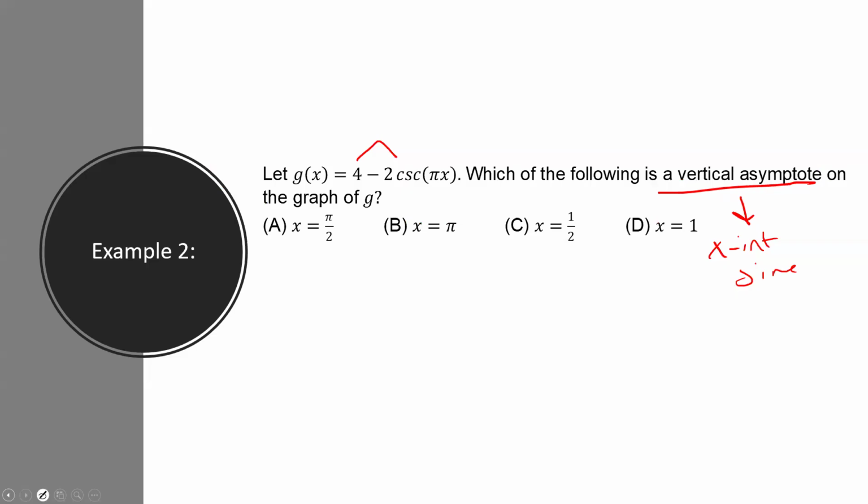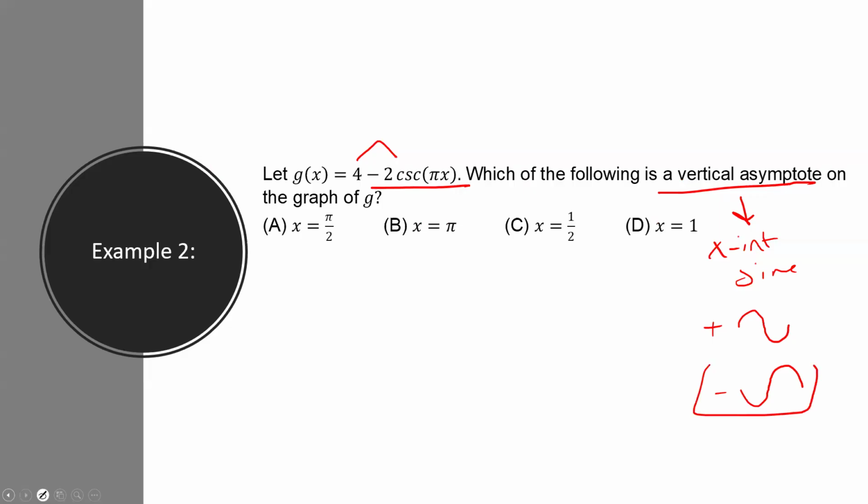So the x-intercepts of the sine function is what we're worried about. For sine, if it's positive, it goes one way, and if it's negative, it goes the other way. Okay, so because this is a negative cosecant, we know that it's going to be the negative sine. Does that make sense?